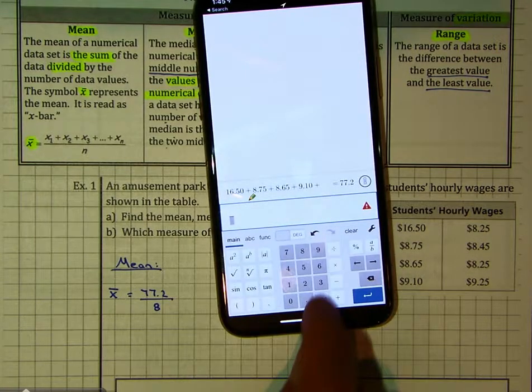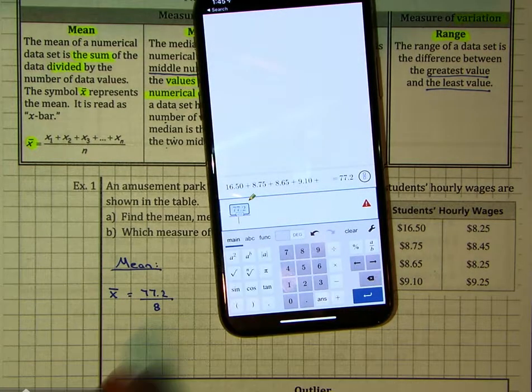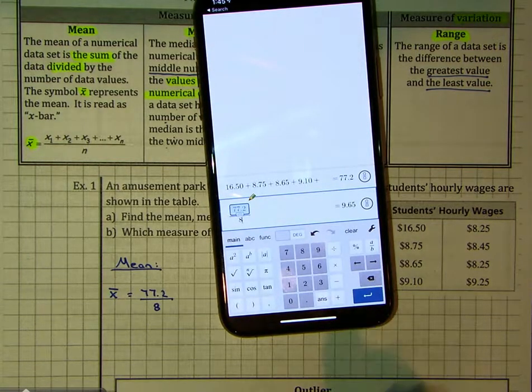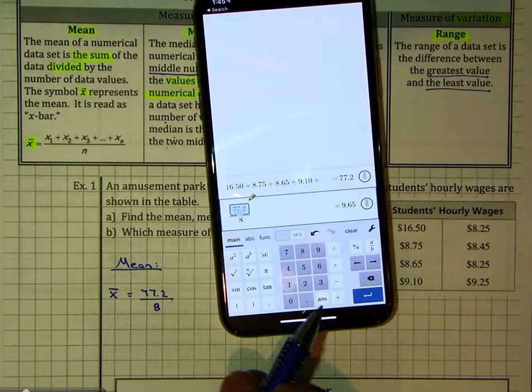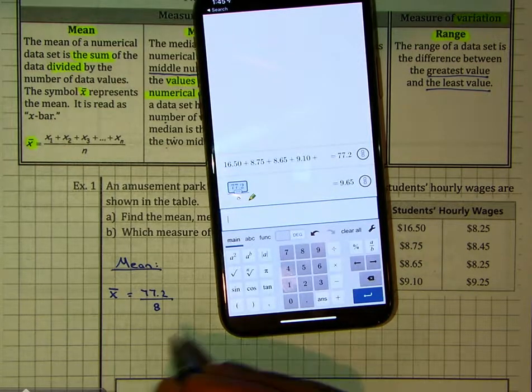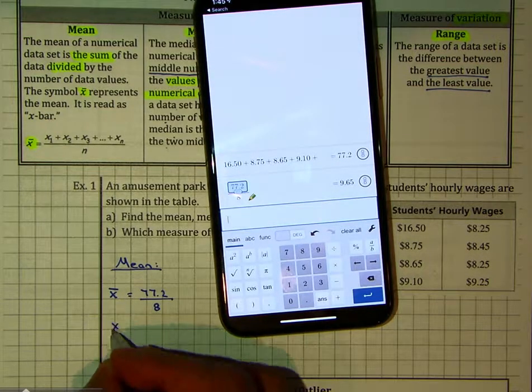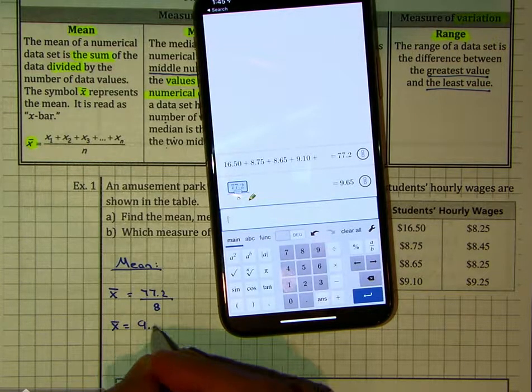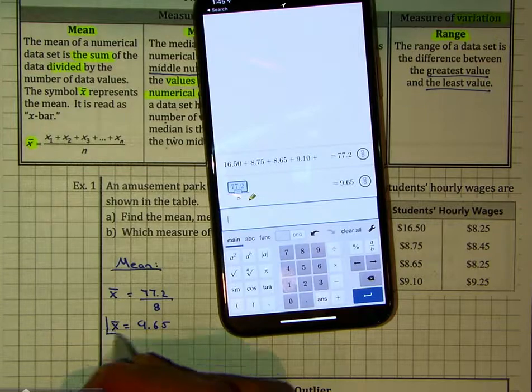Most calculators will have the answer as well. Therefore, your mean, which we used to call the average, is $9.65 an hour.